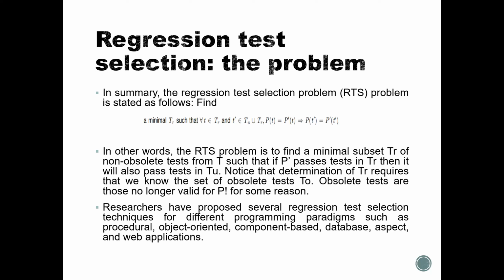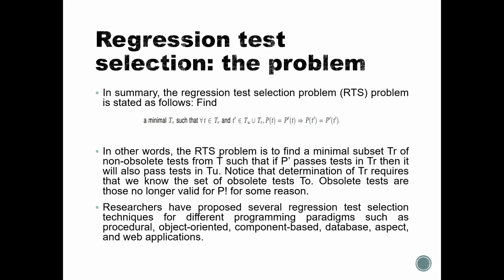Now, in order to perform this regression test selection for different programming paradigms, we have different approaches. For example, for procedural we have a different approach, for object-oriented we have different RTS, and for component-based, database aspects and web applications we have different RTS techniques. So this is going to be your assignment.